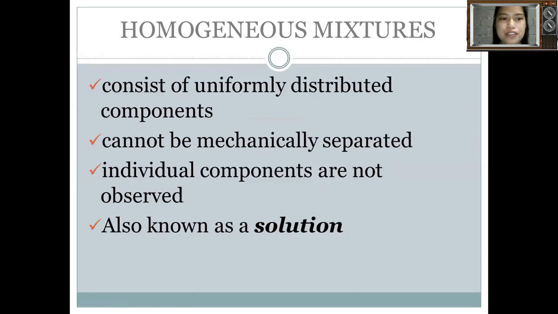That is correct. And the individual components are not observed. Unlike in a heterogeneous mixture, where individual components stand out, so you will easily notice every component. While in the homogeneous mixture, individual components are not observed.